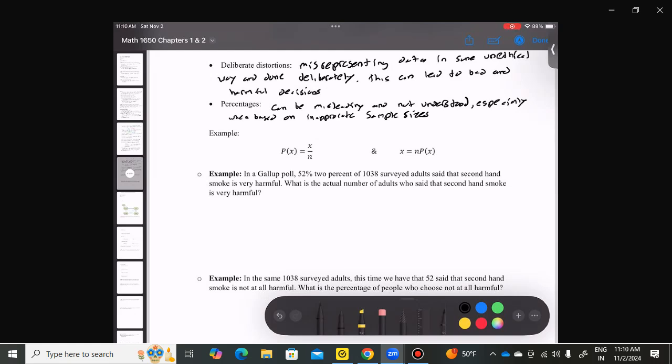All in all, we just have to watch out for how we handle percentages, basically.